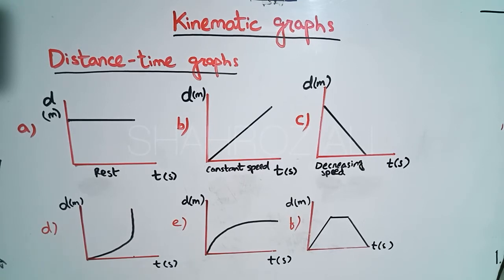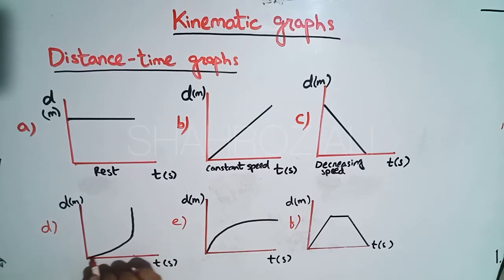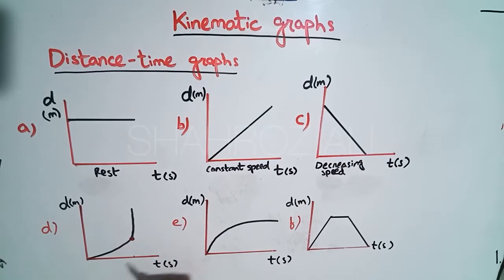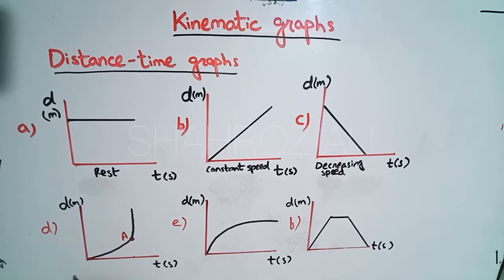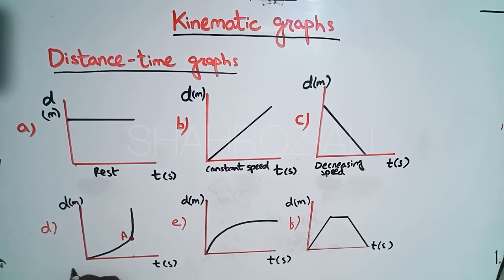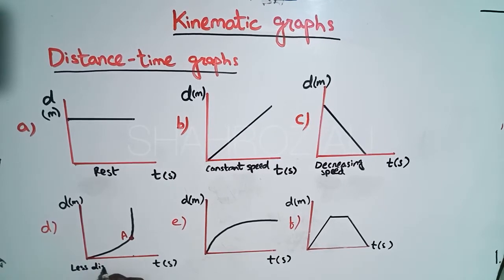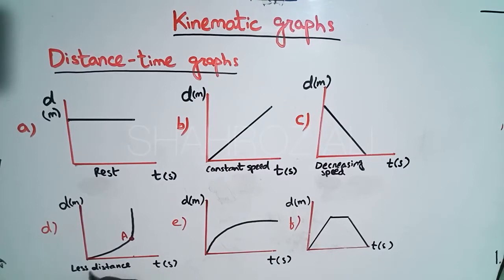If you divide this curve at a point, suppose the body gets higher speed after this point. I am taking a point A. Here you can write: less distance before A. This is the first point.